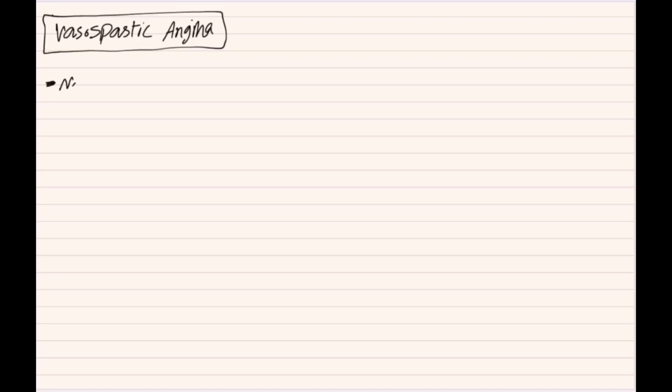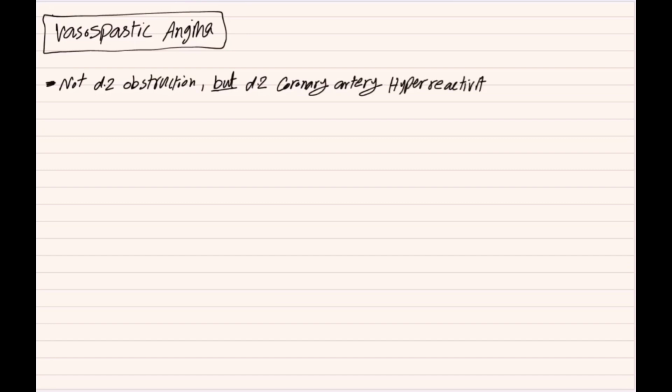Now let's talk about a disease that's related to those four, however, it's very different in its cause. It's called vasospastic angina. The reason it's really different is because it's not due to an obstruction like those four diseases. However, it's due to vasoconstriction of the coronary artery. So the coronary artery constricts on its own because of hyperreactivity of the coronary artery.